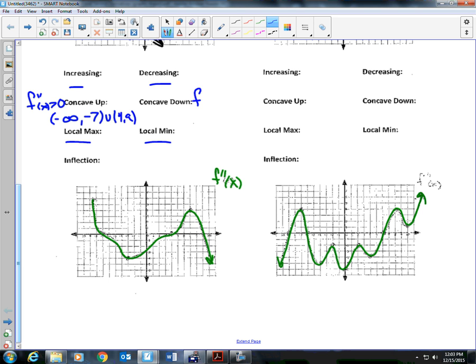Concave down, where f double prime of x is less than 0. And that would be from negative 7 to 4, union with 9 to infinity. Finally, inflection is where it changes concavity.